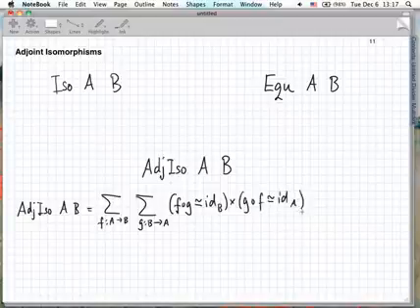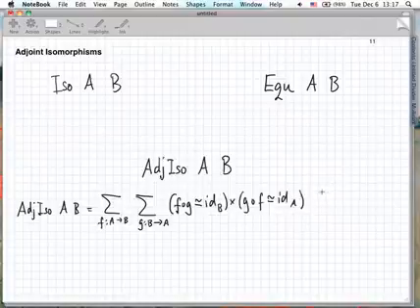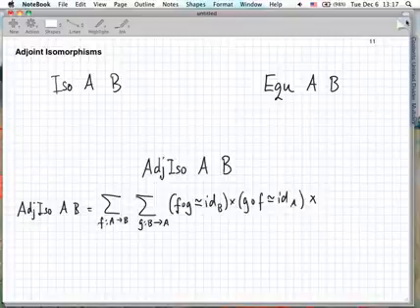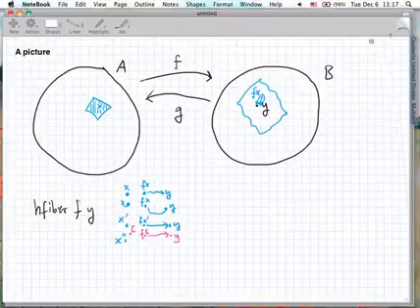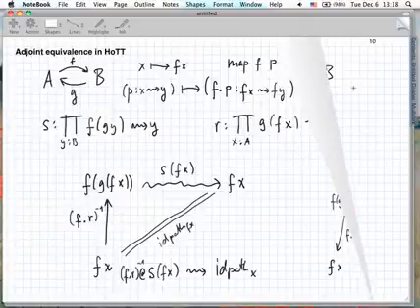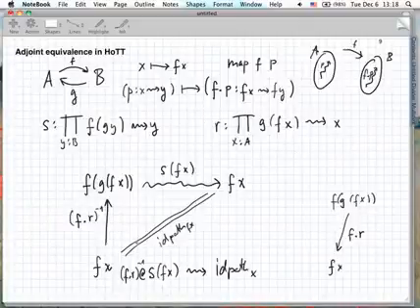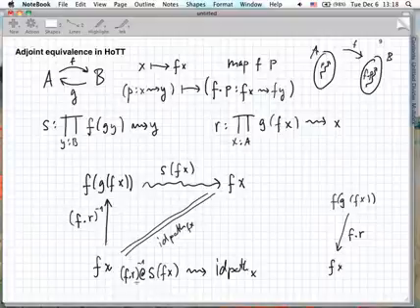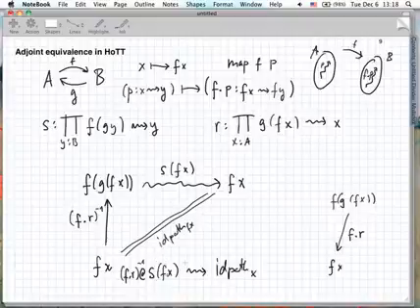This part is the same as iso, but now I add the triangle identity. So what was the triangle identity? This is the out of order picture. It looks horrible, right? So you have to say for every x, I have this stuff here equals that stuff there, and there is a -1 here.